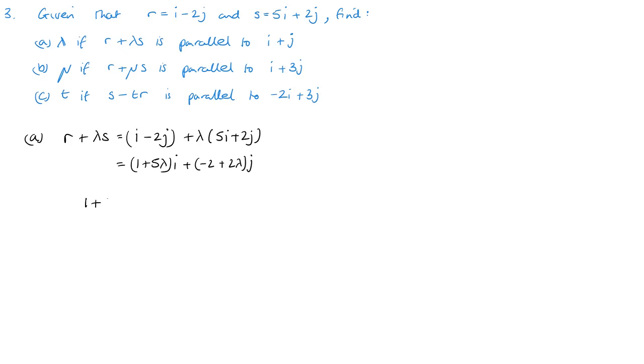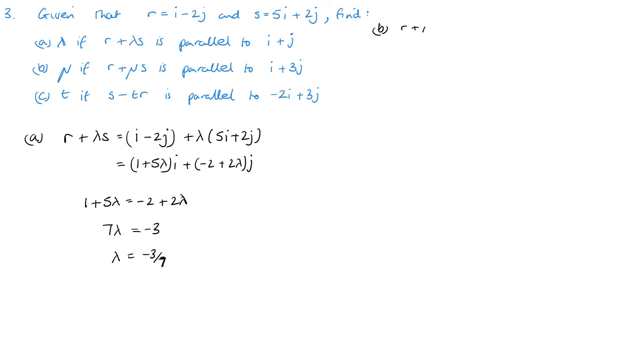So therefore 1 plus 5 lambda is equal to minus 2 plus 2 lambda. So that gives me 7 lambda equals minus 3. So lambda equals minus 3 over 7. And substituting this into here, we'll get minus 8/7 for both of these, therefore parallel to i plus j. So that is nice and straightforward, but from part b onwards that I hadn't shown you, so let's see if you managed to do it.